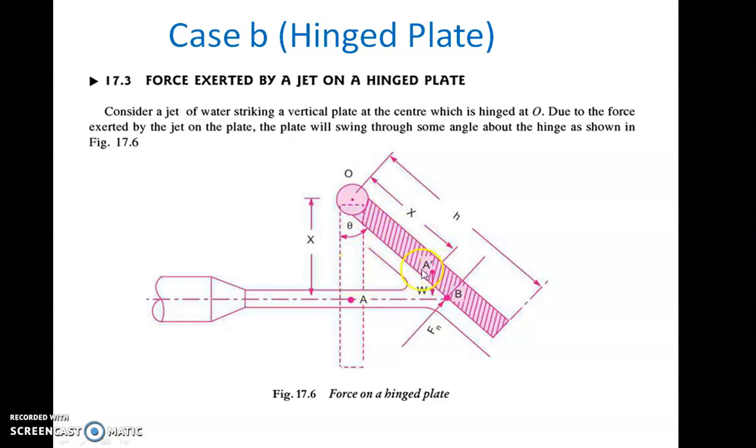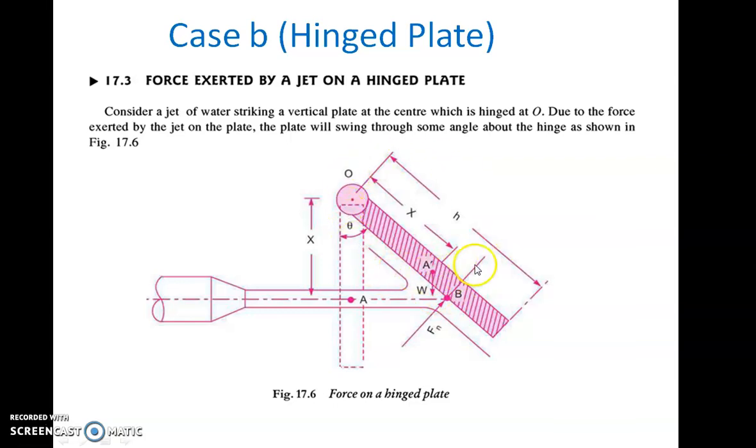This perpendicular distance will be nothing but x sine theta, x times the sine of this angle theta. So W into x sine theta is equal to, this is the clockwise moment, Fn, which is nothing but rho a v square cos theta into OB.